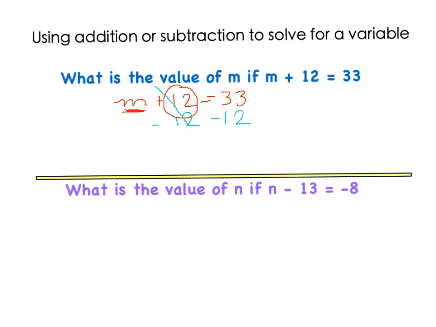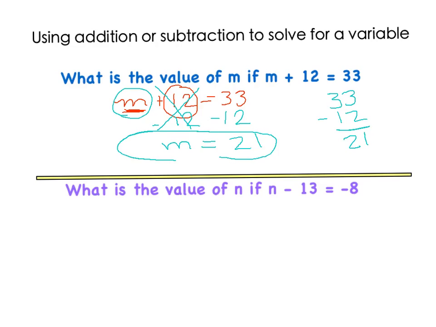This 12 goes away. We are left with m on the left, so m equals. And then I'm going to do my math over here, 33 minus 12, the answer is 21. Now, is it positive or negative? Well, the 12 was negative, the 33 was positive, so therefore your answer is a positive 21.